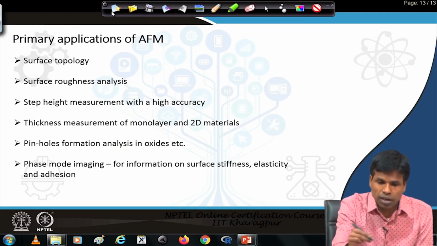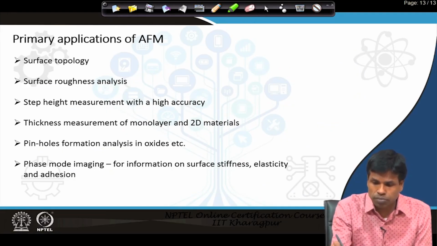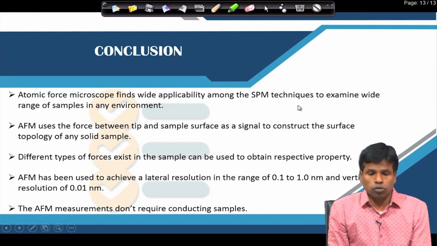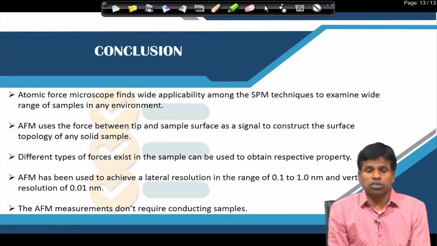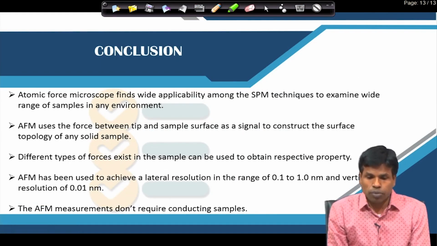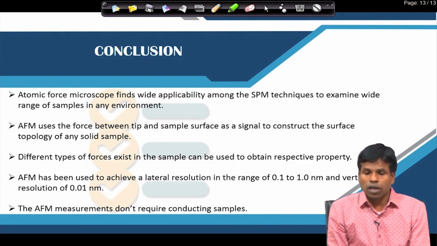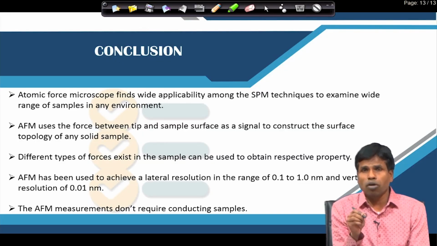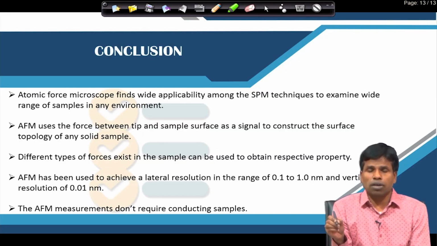So, these are the main applications of the atomic force microscope. In conclusion, what we see in this introduction is that the atomic force microscope finds wide applicability among the family of scanning probe microscopic techniques to examine a wide range of samples in any environment, as here again a physical probe scans over the surface.